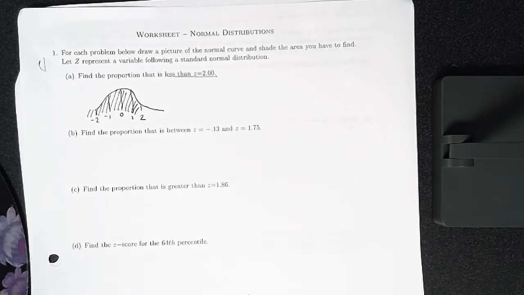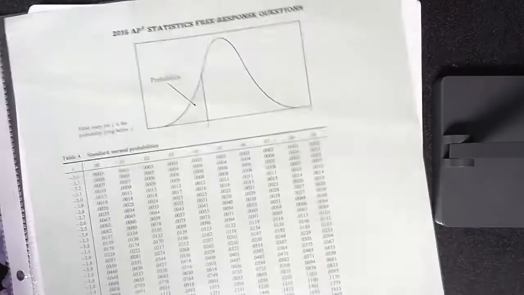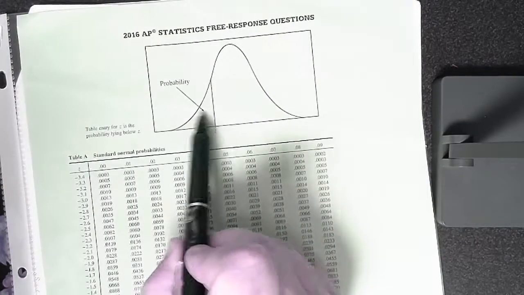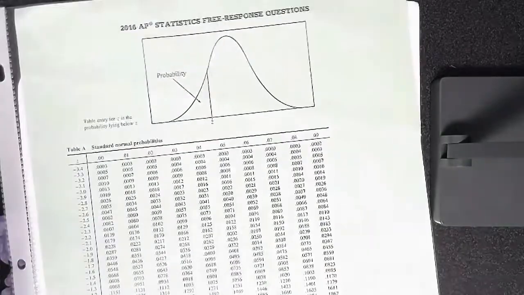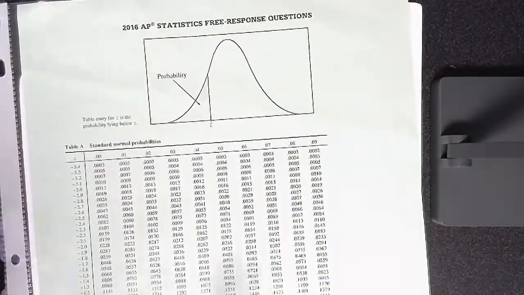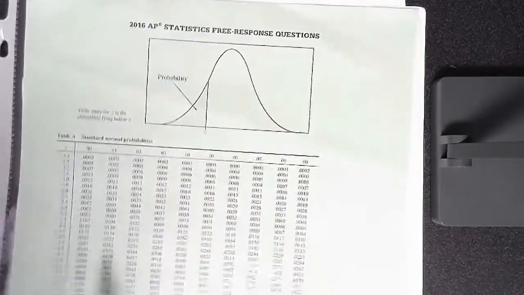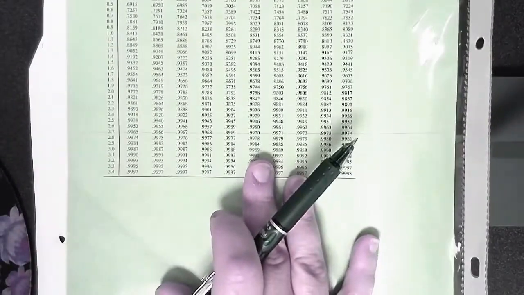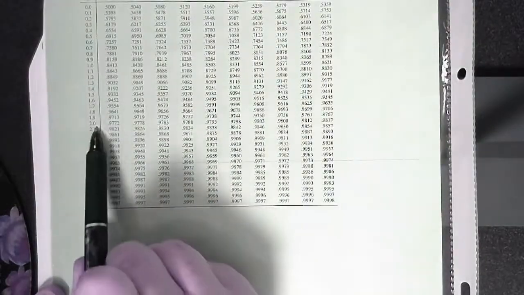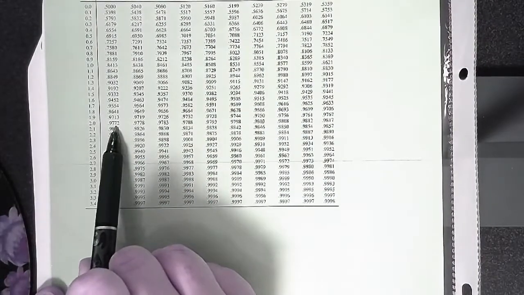Because of the table we're working with, remember that we're always looking for the area that's below. If I was trying to get the area above, I would have to do 1 minus whatever I found in here. So I go to my positive z-scores, and I go to the point where it's 2.00, and that's right here. That's 0.9772.